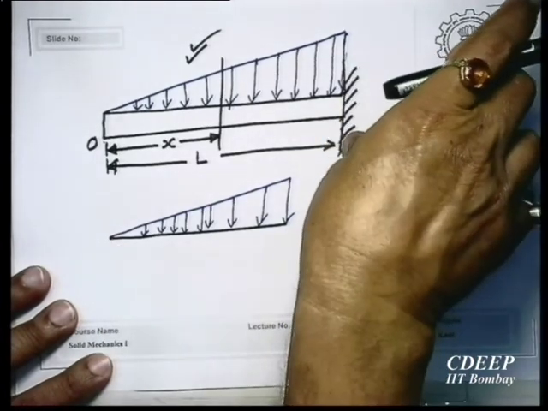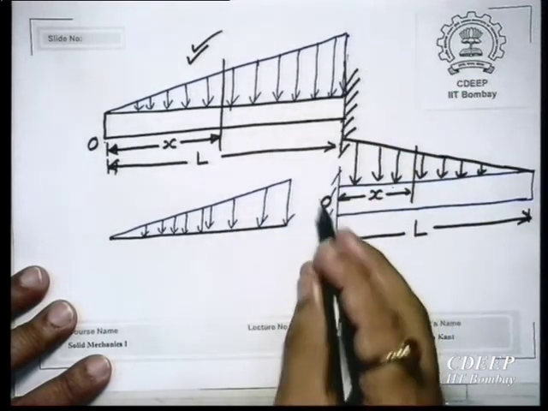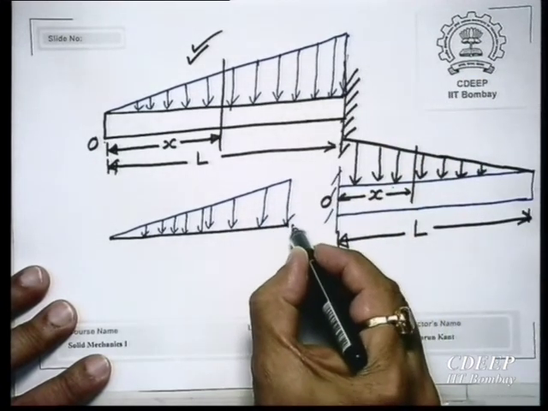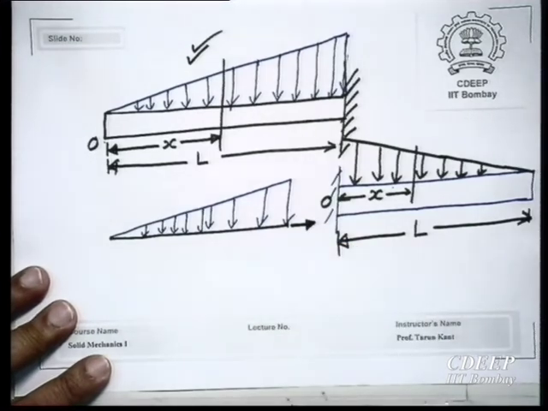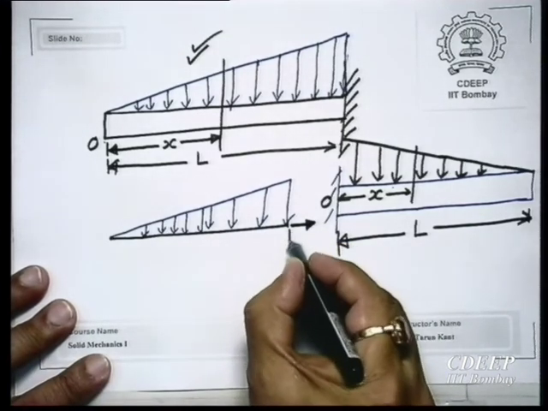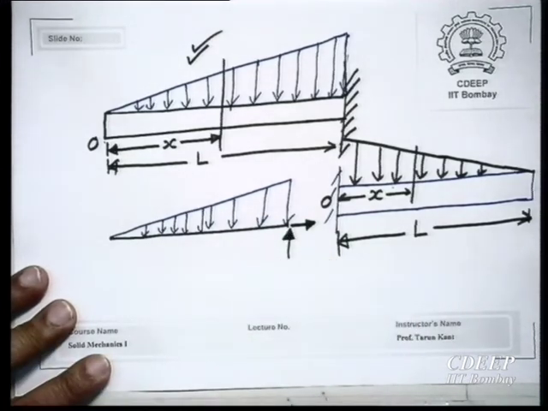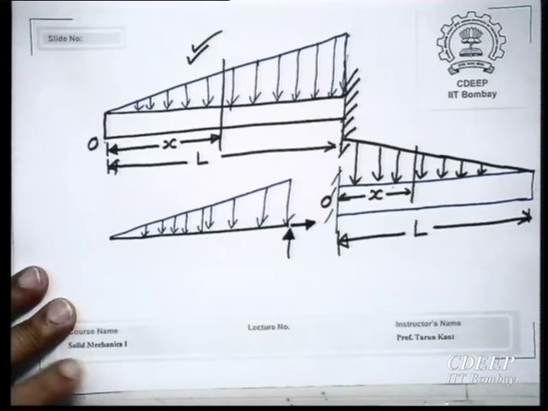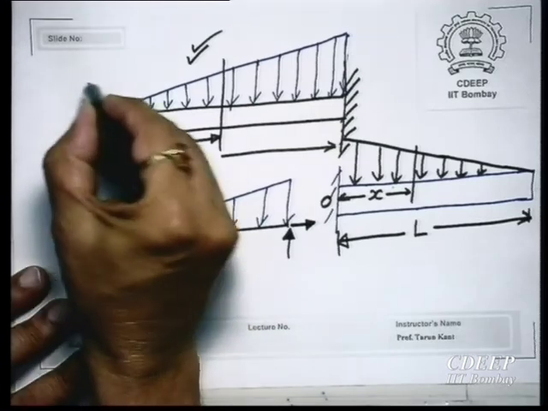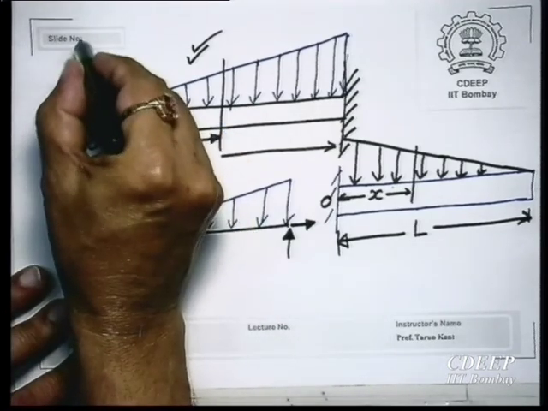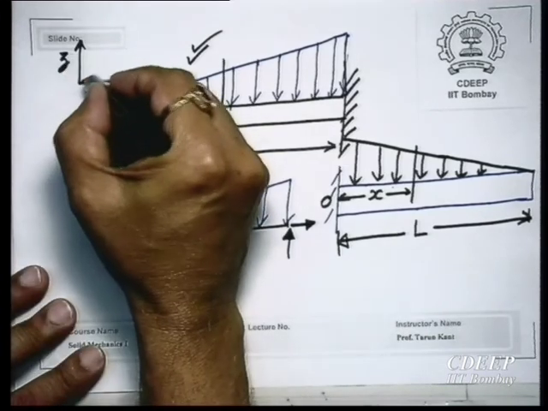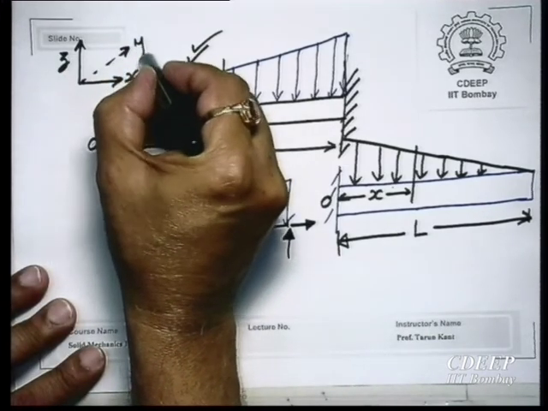What is the effect of the support? The support cannot move in x direction, so there must be a reaction corresponding to that. It cannot move in vertical direction, so there must be a reaction corresponding to that. We are drawing everything in the positive direction, positive x, positive z, and y is going into the plane.